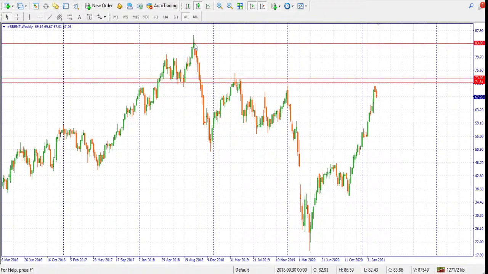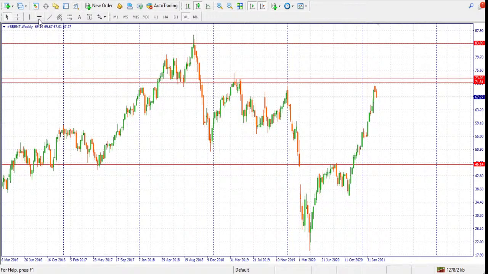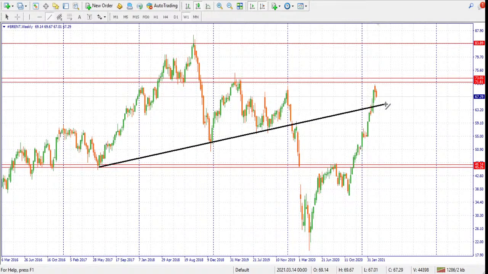This is a very good resistance level. And then you have this. This is a very good support level. And then we have this. So these are some of the few levels on the weekly chart which look really interesting.